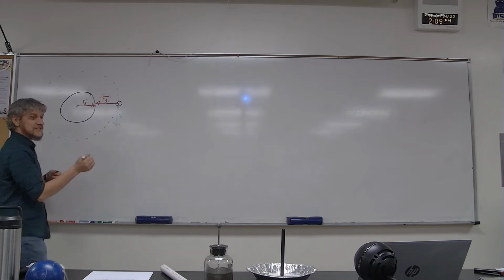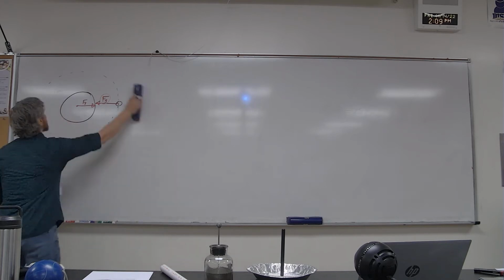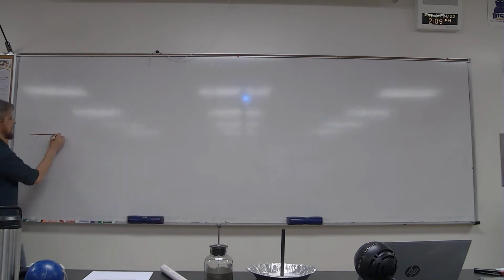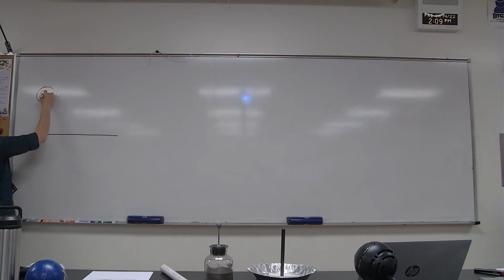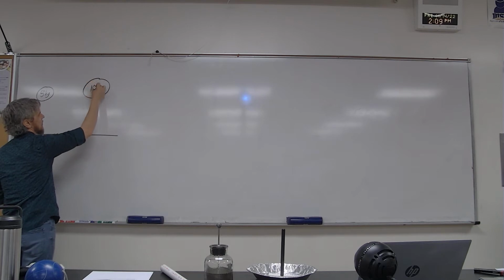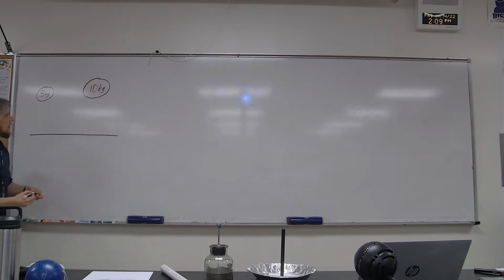The first step, I'm going to erase this, is understanding the following situation. Let's say I have a 5 kilogram sphere and a 10 kilogram sphere. Which sphere has more mass? I'm just kidding.